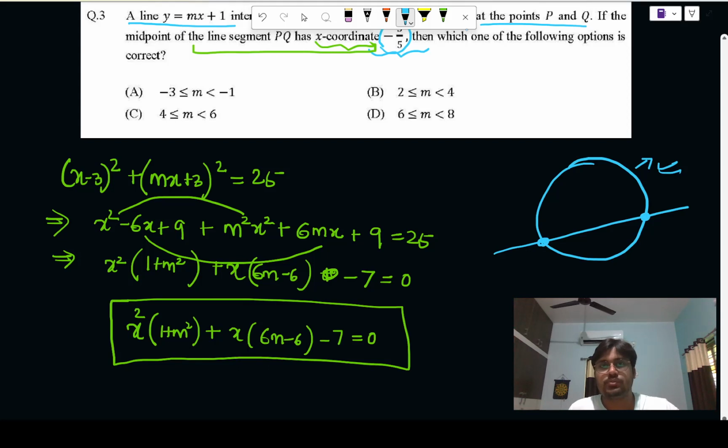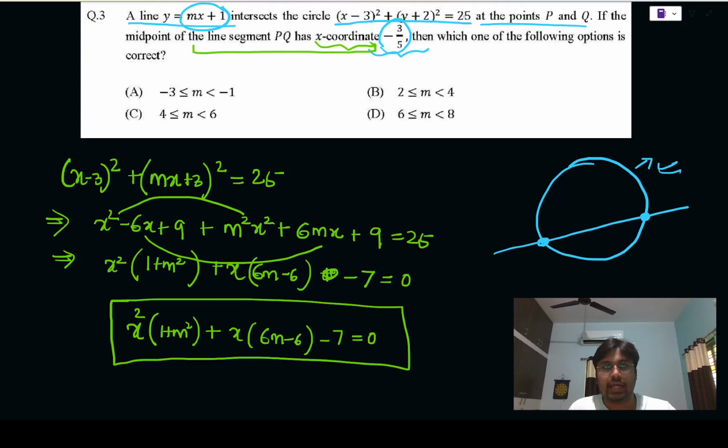Because you are literally substituting the line equation into the circle equation. So of course it has to be the point of intersection. That's just how basic equation solving works.